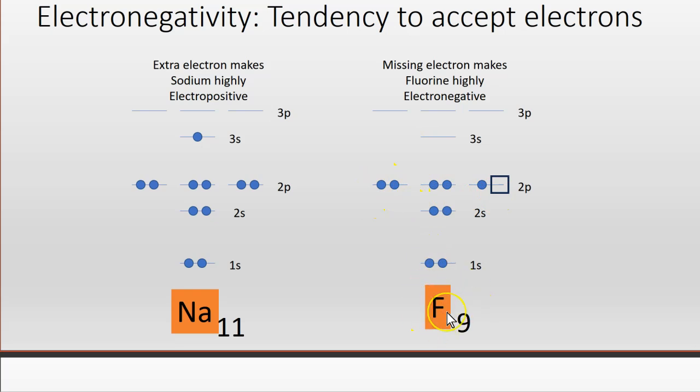Similarly, in the fluorine atom, which has an atomic number of 9, its valence electrons are such that in the 2p subshell it is almost filled and is missing one electron to be completely filled. This atom would be stabilized by accepting an electron to form a negative ion.